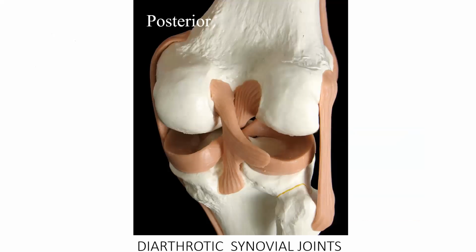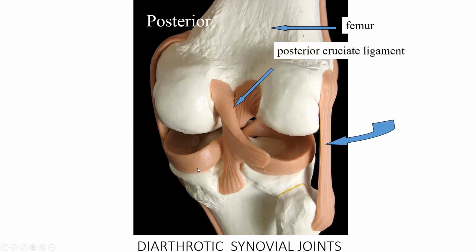Now, there's the posterior surface of our knee. There's our fibula. So we know this is the medial side, that's the lateral side. This is the ACL right here, because it's rubbing up against the medial side of the lateral condyle. And then this is the PCL here, and you can see the meniscus, femur, PCL.